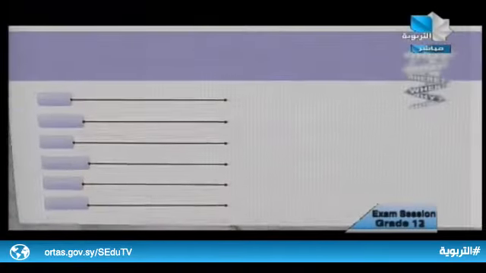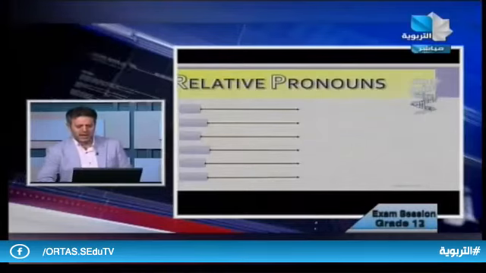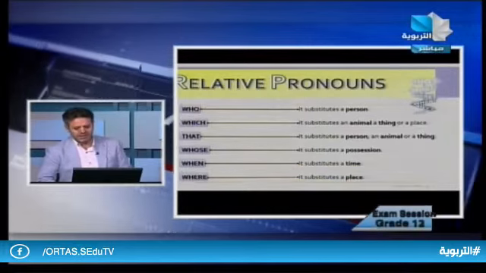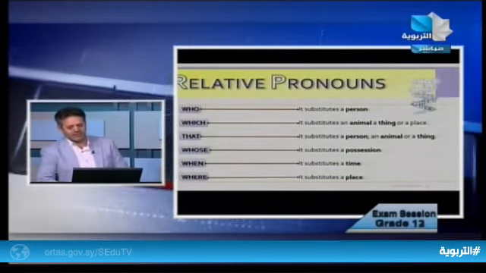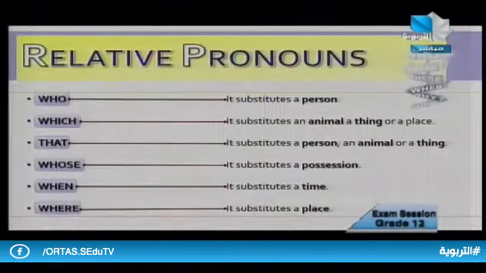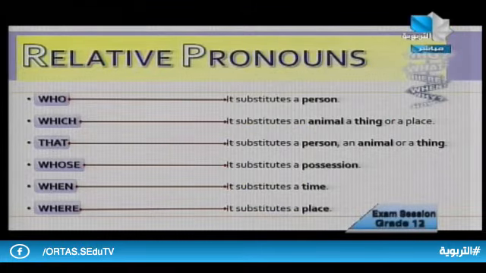Relative pronouns: who substitutes a person; which substitutes an animal, a thing or a place; that substitutes a person, an animal or a thing, so we use it for both. Whose substitutes a possession, when substitutes a time, and where substitutes a place.